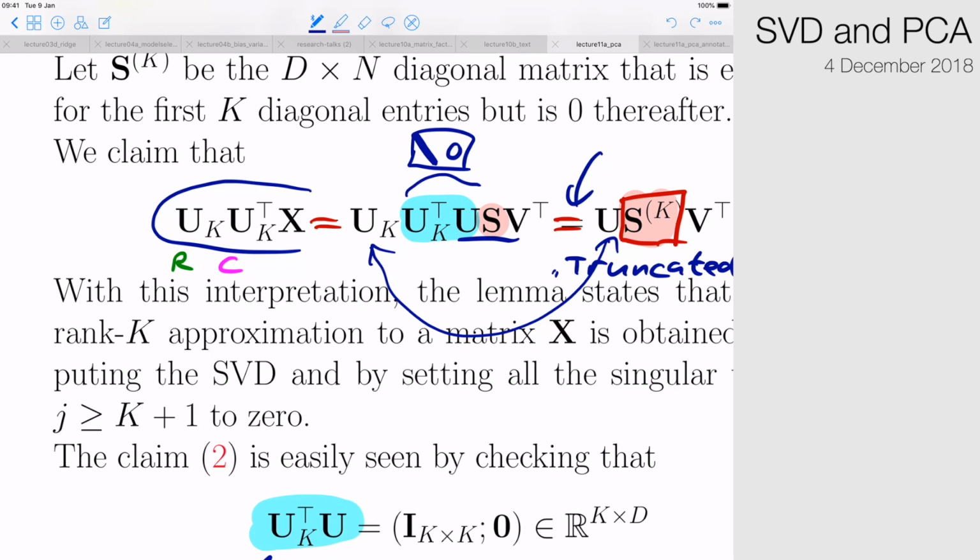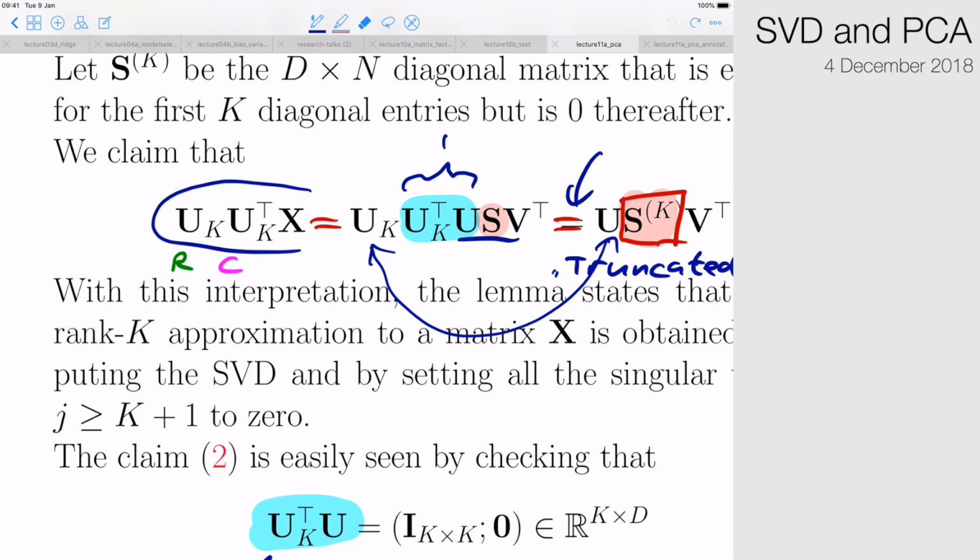It's because when you take UK together with this matrix, then that's actually the same as taking U times this matrix, because the diagonal thing will just select the first K columns. So that's why it doesn't matter if you write UK here or U times this matrix. So it's indeed okay to drop the K here, because your SK matrix takes care of selecting the first K.